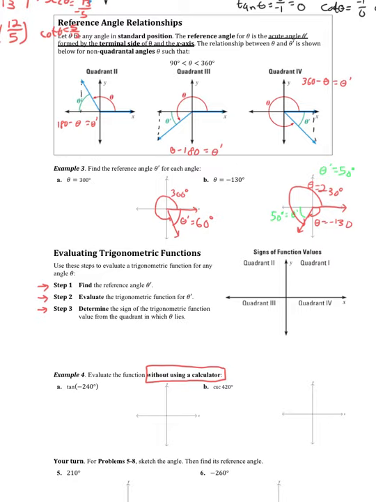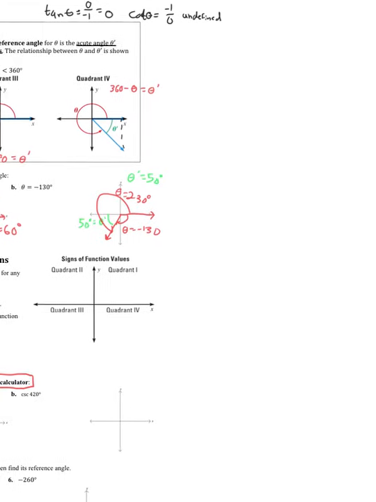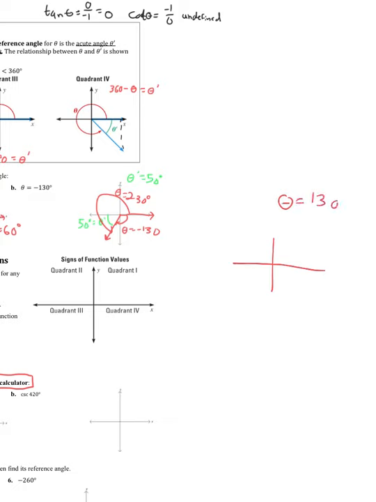For example, if I were to say, let's do theta equals 130 degrees, and I said, let's find sine of 130, actually, let's do cosine of 130 instead.